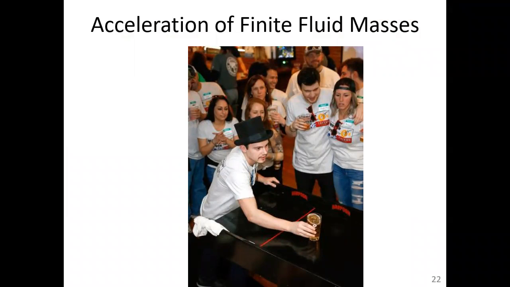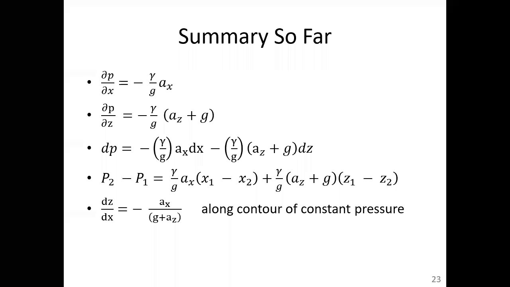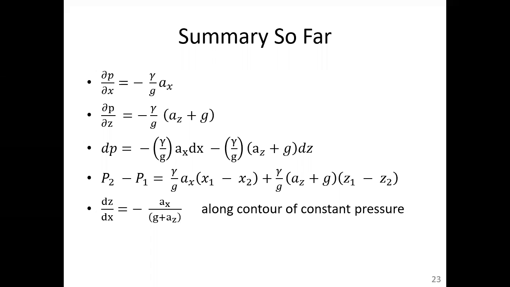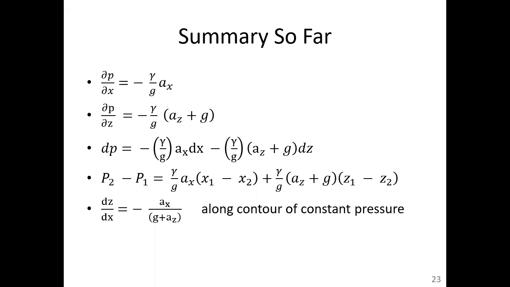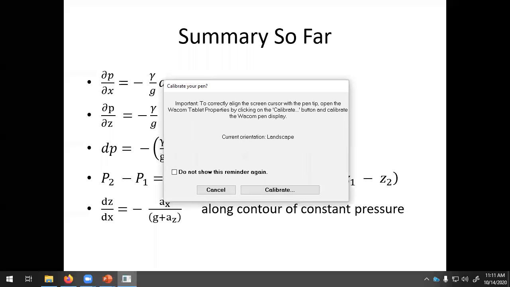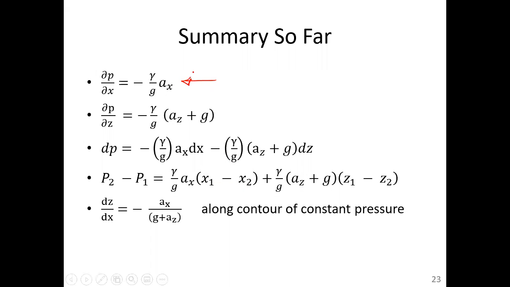There's a handout that I gave you over 2 lectures ago on acceleration of fluid masses. And what we've developed from all of this now is a general case of finite fluid volumes with acceleration fields in addition to gravity. One, if we have horizontal acceleration, we will have a change in pressure when we move horizontally.